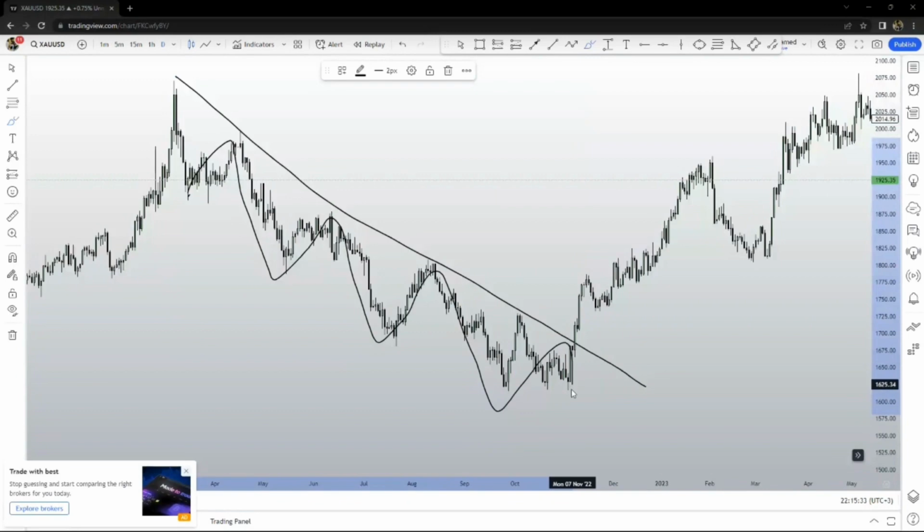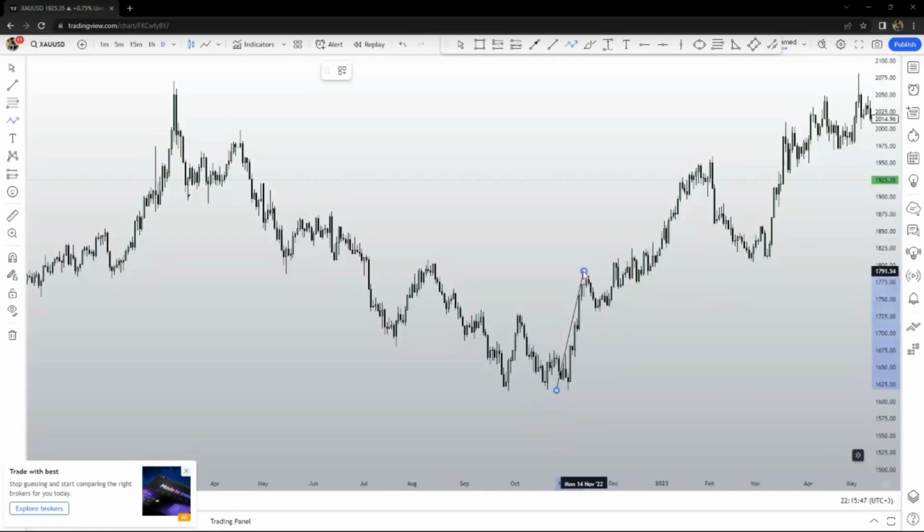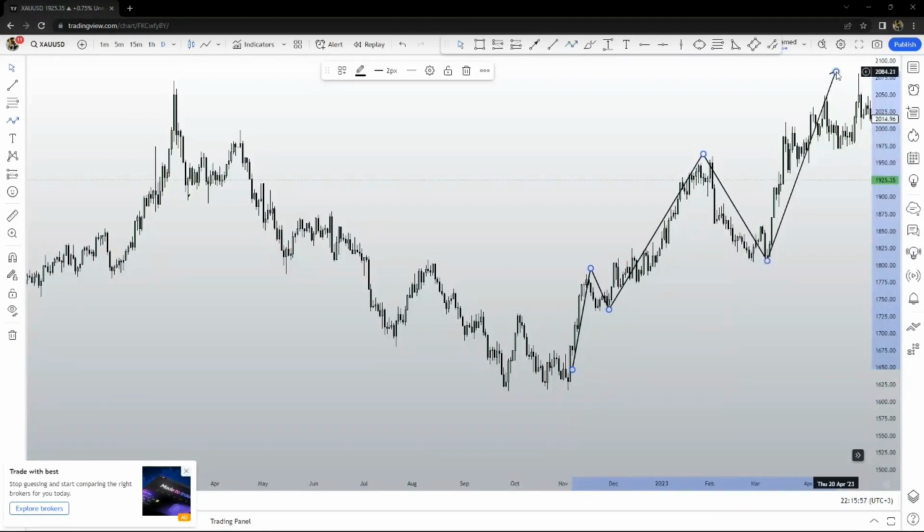We say that the market is in an uptrend when we break the highs. If we break this high, then we are starting to make higher highs and higher lows, something like that.